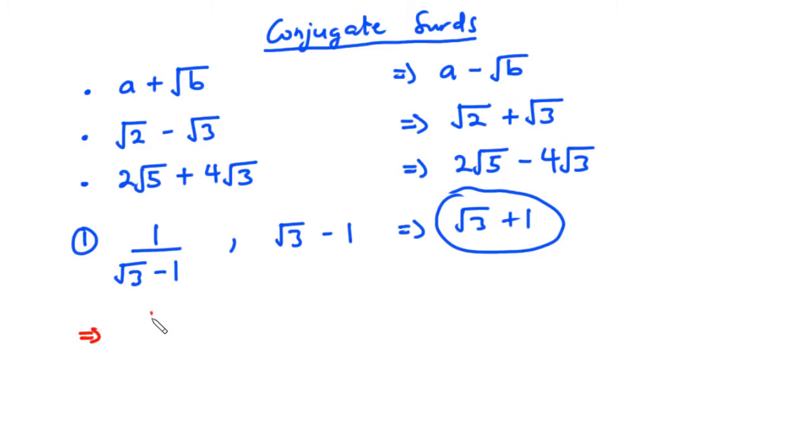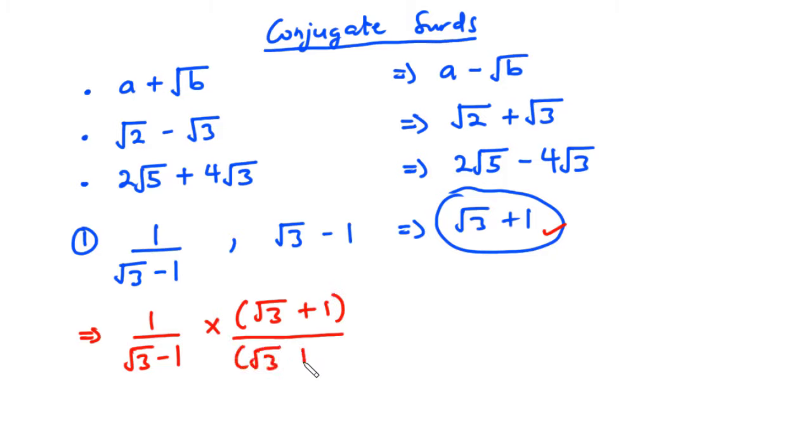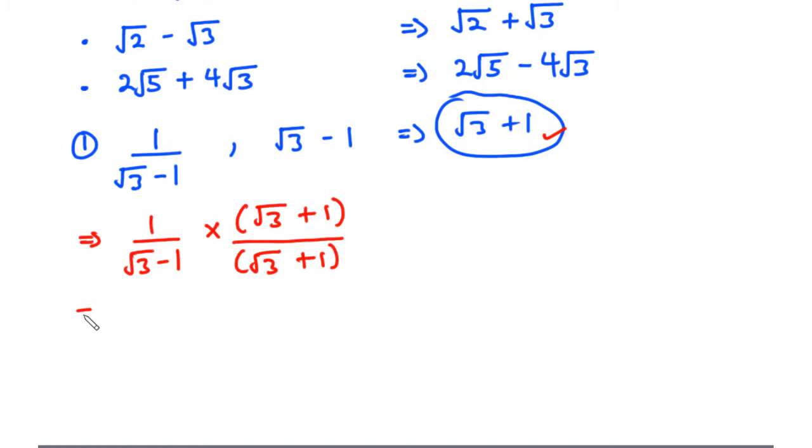So we have 1 over root 3 minus 1 times root 3 plus 1 divided by root 3 plus 1. So we have 1 times root 3 plus 1.